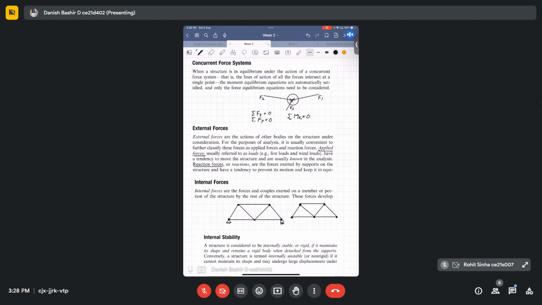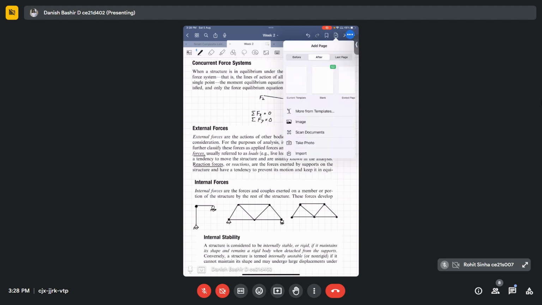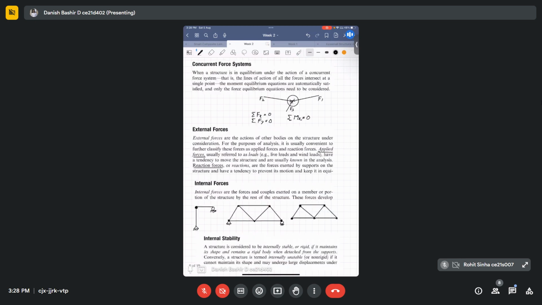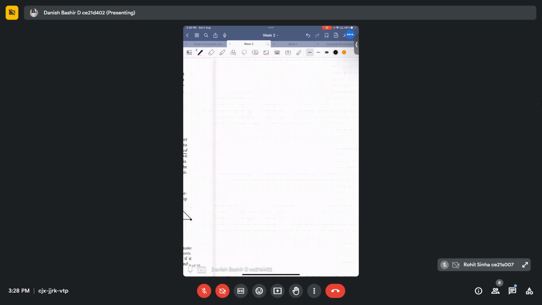For example, if I had another type of structure, this was one member of a truss, this was another member of a truss, with a hinge like this here. It was supported like this here, and there was another roller. If I try to remove the support reactions, I am left with this thing and this thing.